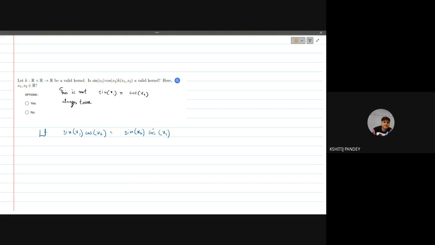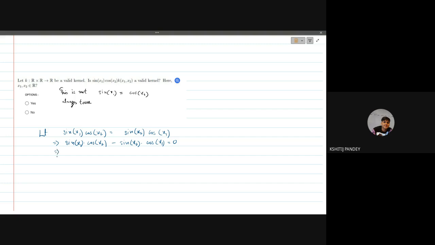Let's say this is true. So this implies that sine of x1 into cos of x2 minus sine of x2 into cos of x1 is equal to 0.